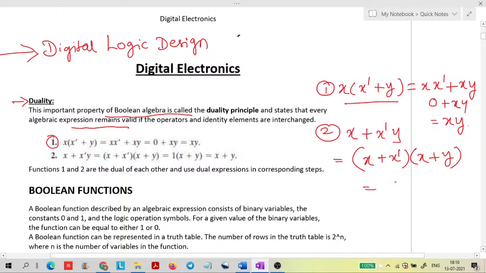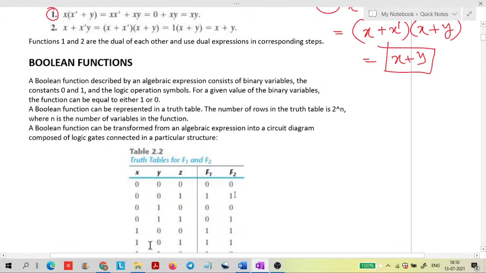Okay, so x plus x bar means 1 and we'll get x plus y. So these two functions are dual of each other. We'll see, you'll understand the basic concepts.